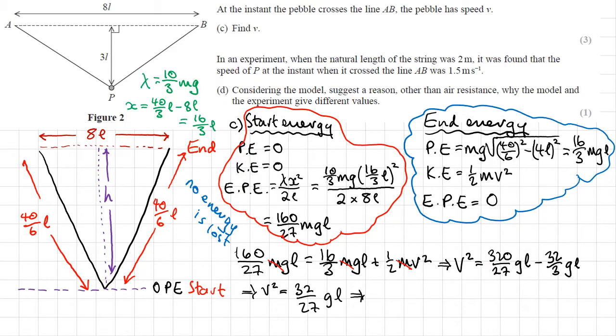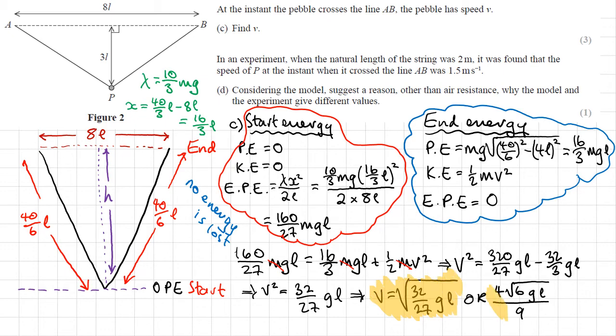And then we want to square root to find v, which we can just leave like this if you just square root the whole thing, or I guess another way, there are various ways of writing it, but another way of writing it is then to work out what the square root of 32 over 27 is. That'll give you 4 root 6 over 9. So another way of writing your answer is 4, and then you've got root 6 and root gl over 9. So various ways of writing answers. As I said, you just could leave it in that very first form.